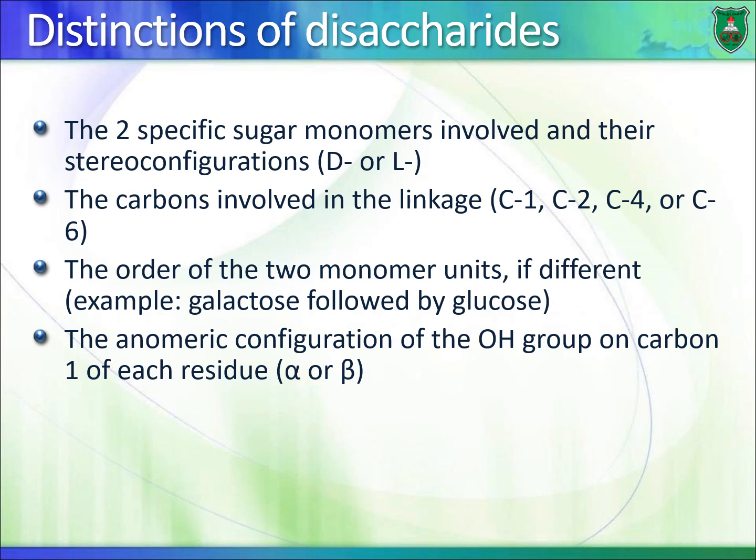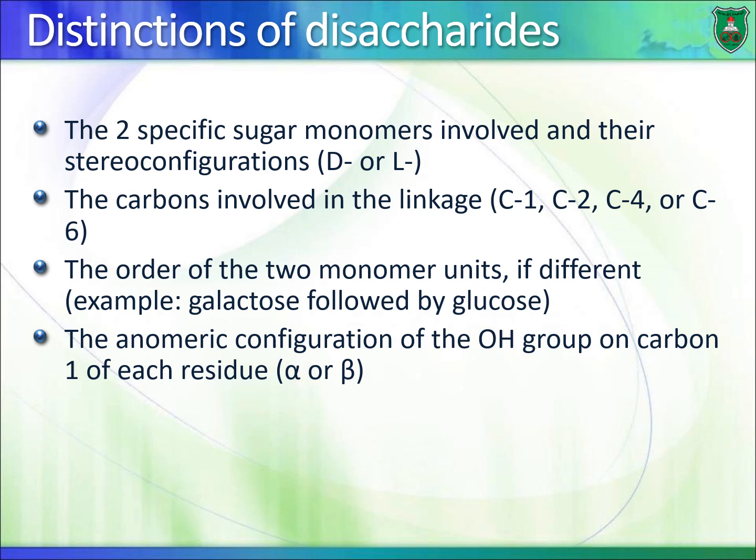Now, you need also to identify the carbons that are involved in linkage for both molecules. Sometimes it's carbon number 1 or 2, 4, 6, whatever. You need to know the order of these residues, starting with the one on the left. So the one on the left is the first one.